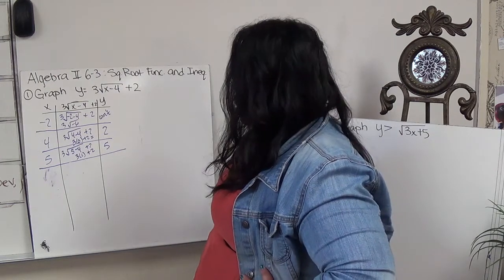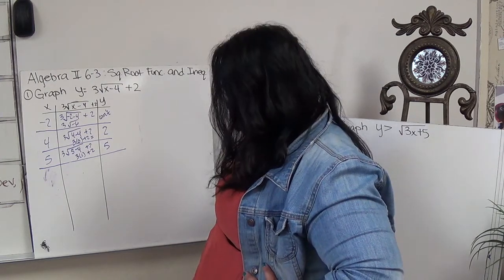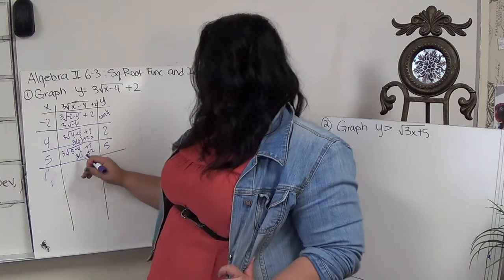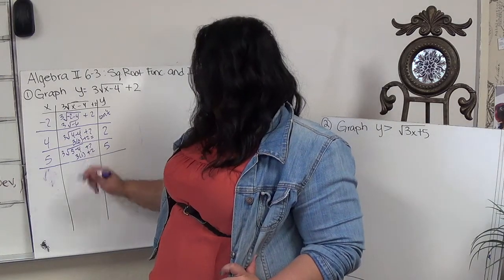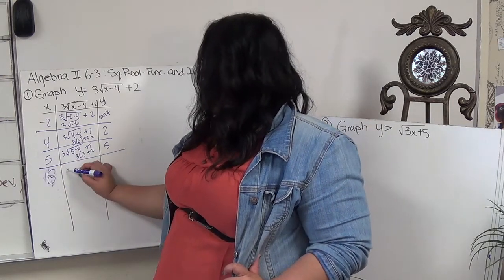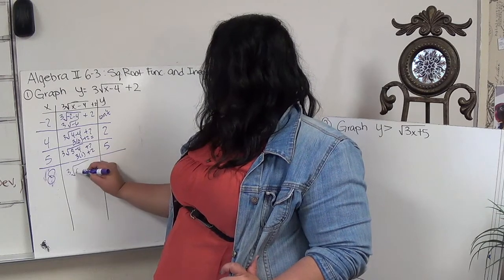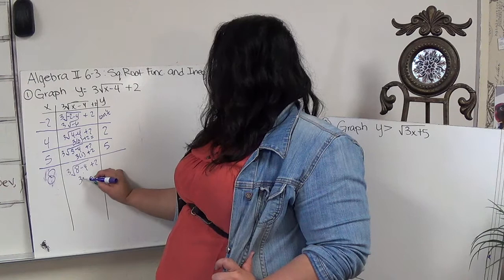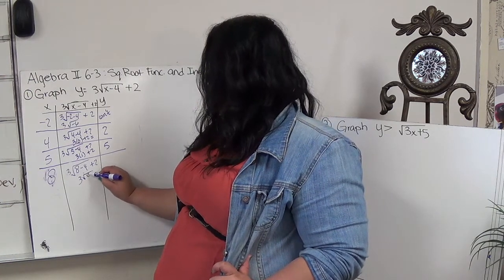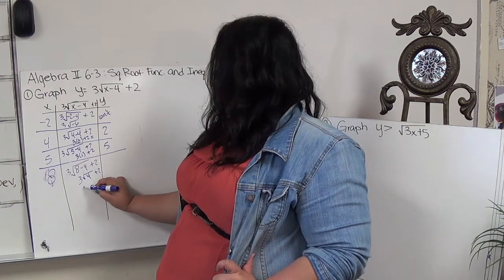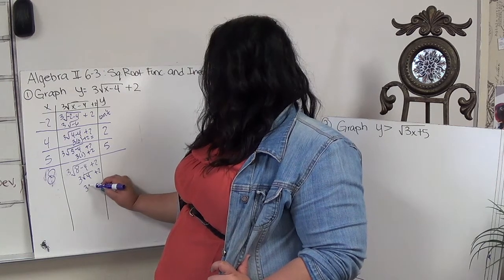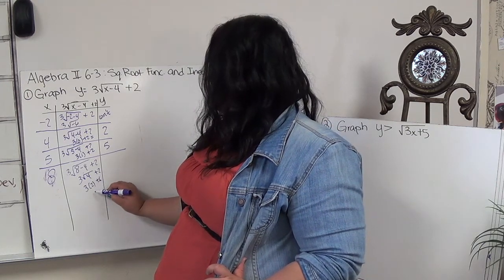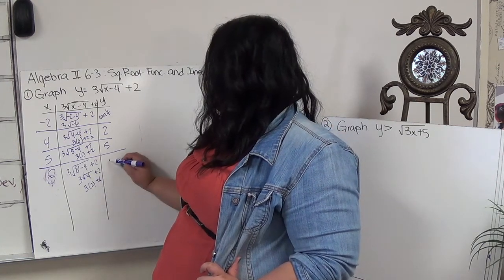So if I want 4 minus 4, something to equal 4, it would be 8, right? So 3 square root of 8 minus 4, plus 2 would be 3 square root of 4 plus 2, which would be 3 times 2 plus 2, which would be 6 plus 2, which would be 8.